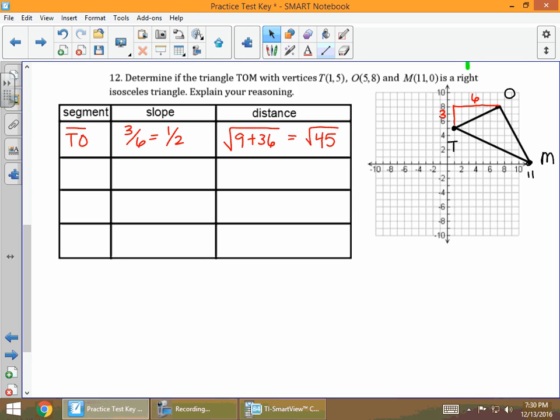Second segment I'll deal with is OM. This one's a little tricky because it goes off the graph. But from O to M, it looks like it is going over 1, 2, 3, 4. And then it's dropping down, all the way down to 0. From 8 all the way down to 0, so it drops down 8.